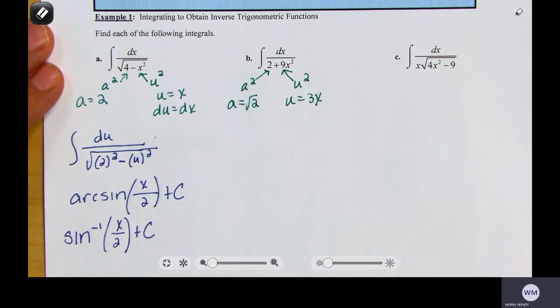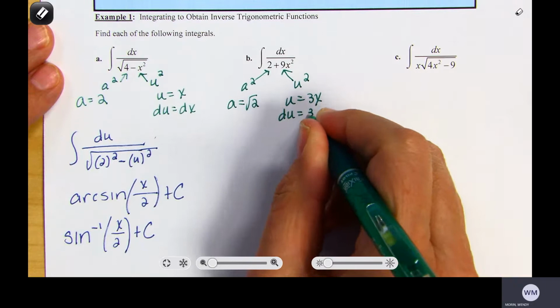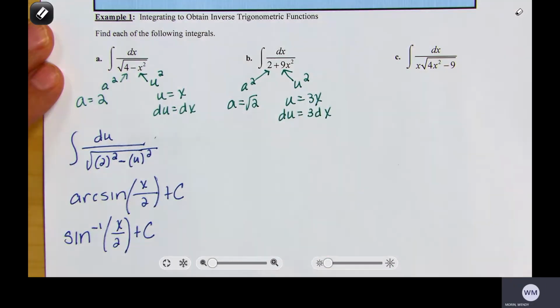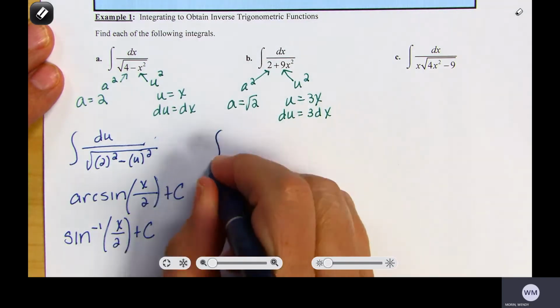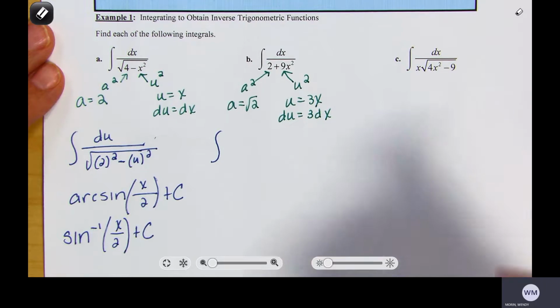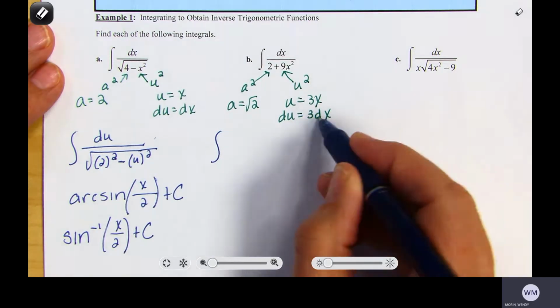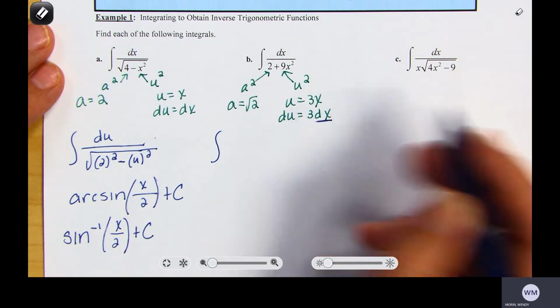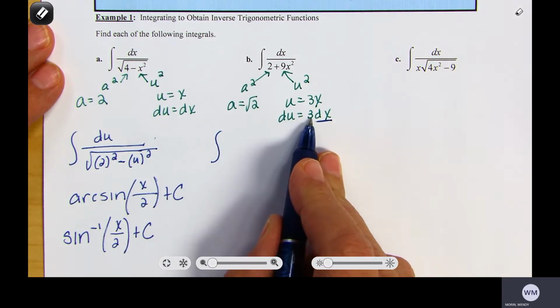So, don't forget, take the derivative of your u, just like before. We picked our u, took the derivative, now we rewrite in terms of u. So let's go ahead and start with the dx. What is dx equivalent to? dx is equivalent to du divided by 3.